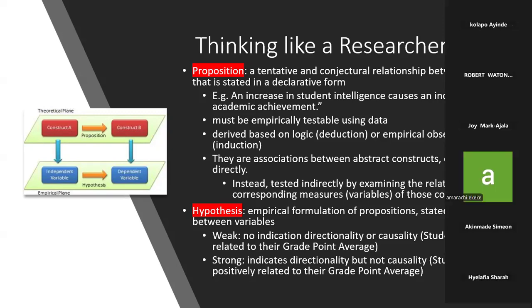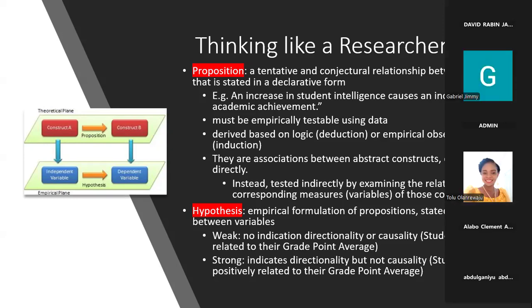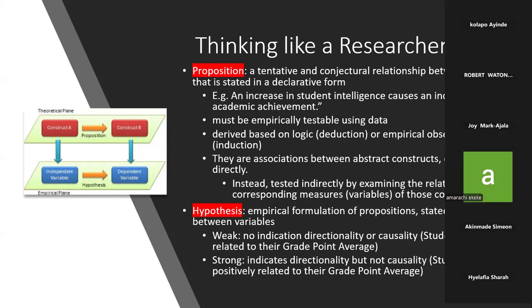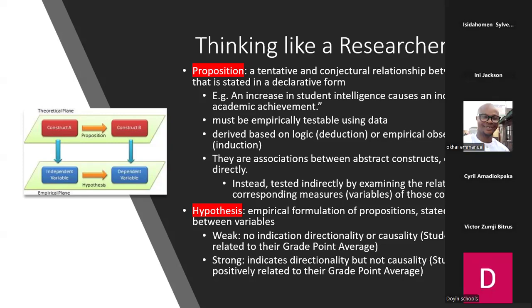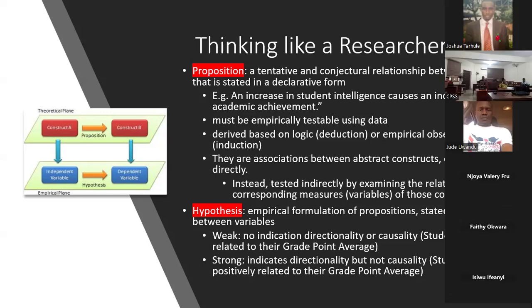It's just something like an idea of what you think, but you cannot test it directly because it's just a declaration of what is going on. In order to test it, you must turn your proposition to hypothesis. That is when it becomes something that can be tested. Empirical formulation of proposition is hypothesis. Okay?